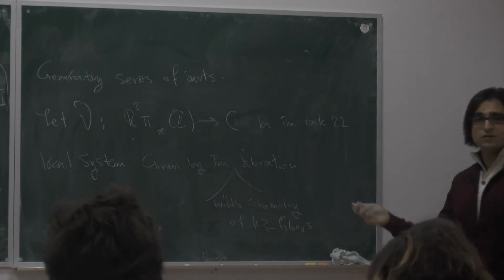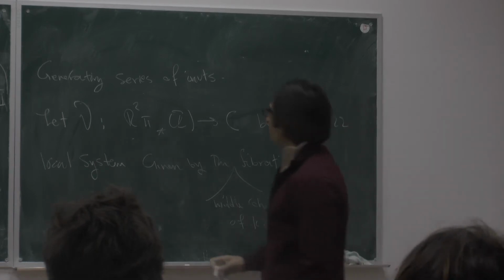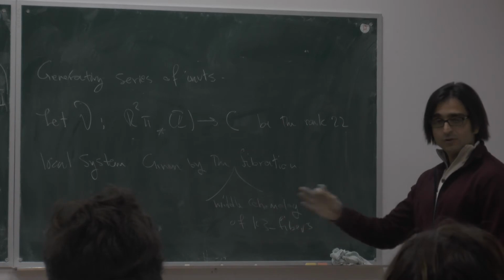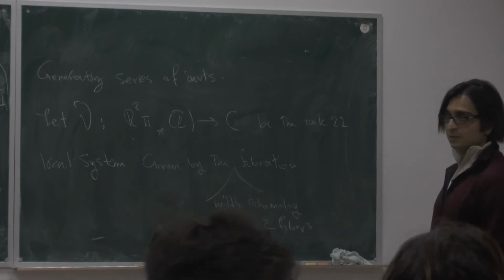The middle cohomology of the K3, the integral cohomology of the K3, gives you a rank 22 lattice. And for the whole fibration, you get the rank 22 local system.